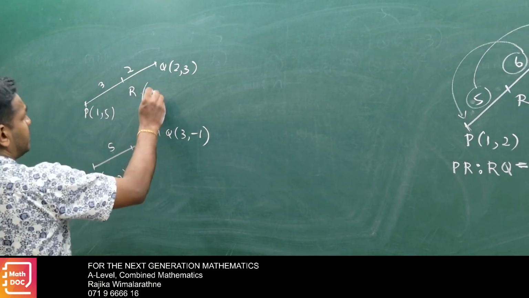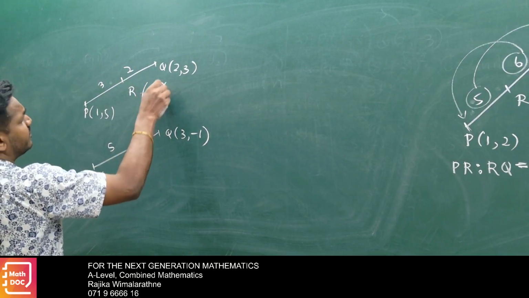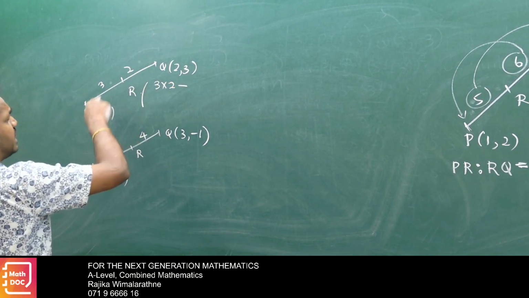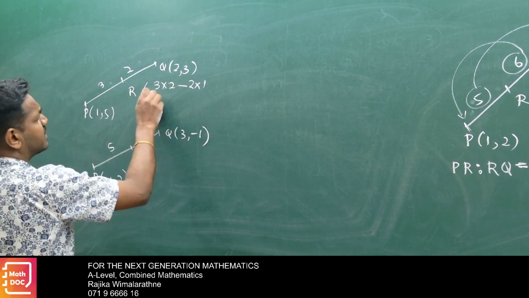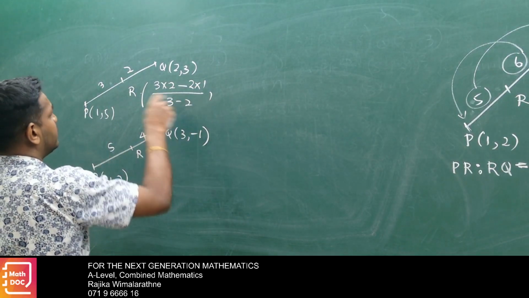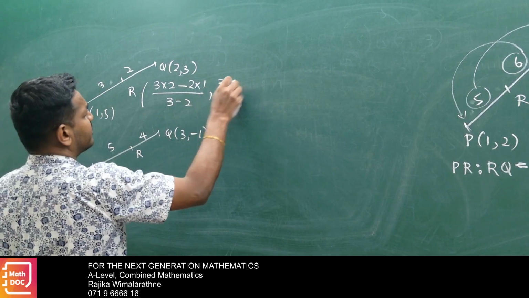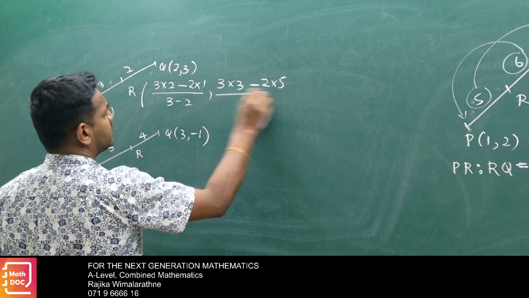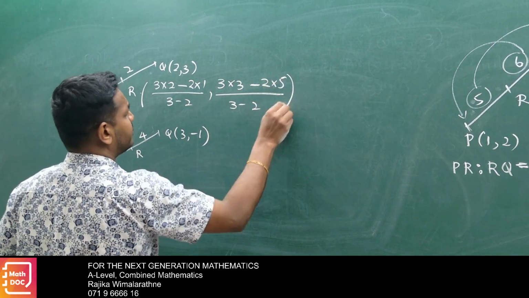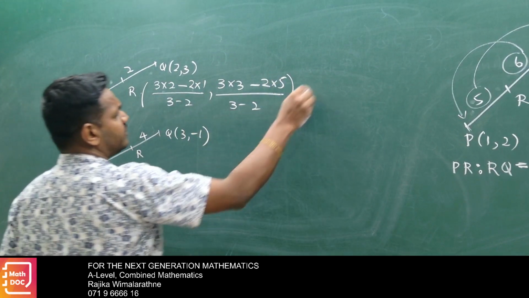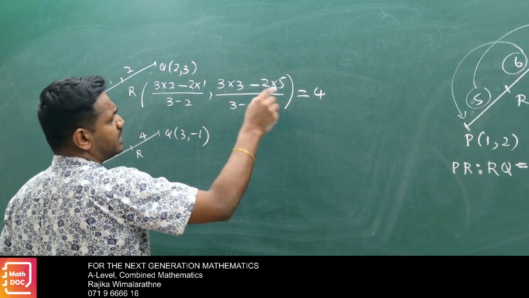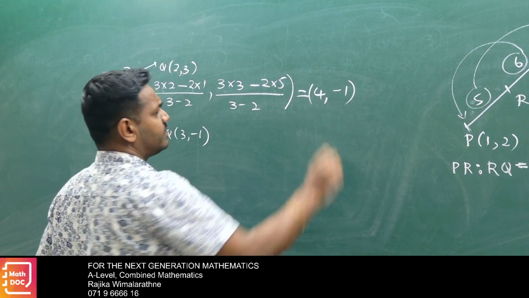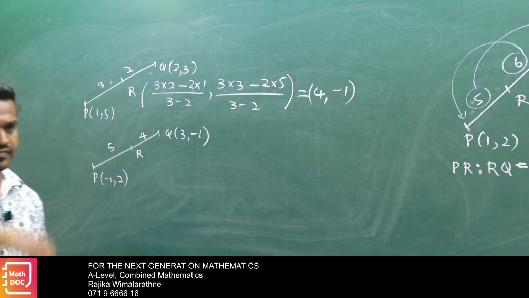Okay. Here 3 times 2 minus 2 times 1 over 3 minus 2, 3 times 3, 2 times 5 over 3 minus 2. Then 6 to 4, 9, 10 minus 1. Okay.